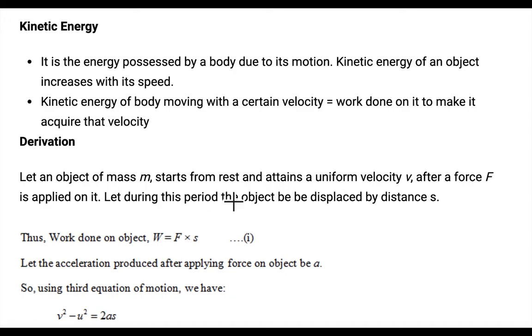If we apply some force on it, it has some velocity, that is v. And during this period, the object is displaced by the distance s. As we know, we are applying force on an object and the object is moving a distance s. So work done on the object W is equal to F into S.